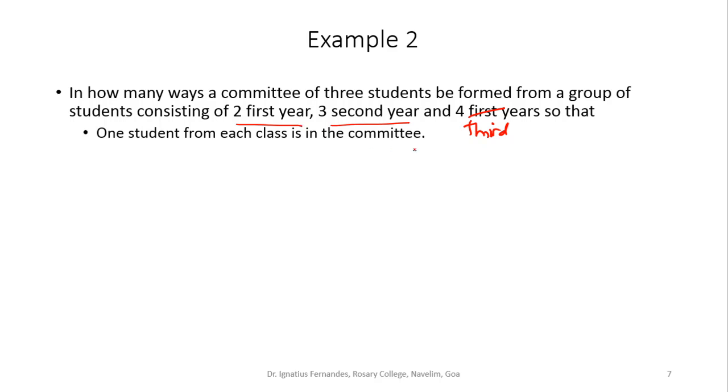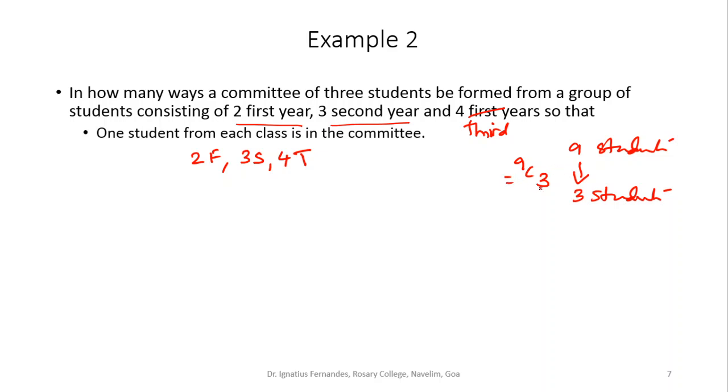There were 2 first year, 3 second year, and 4 third year students, total 9 students, and we want to form a committee of 3 students. So in general, how many committees can I form? 9C3, and we have already found out this value.